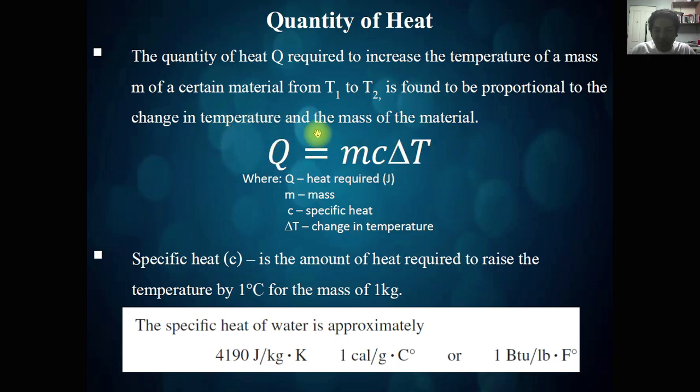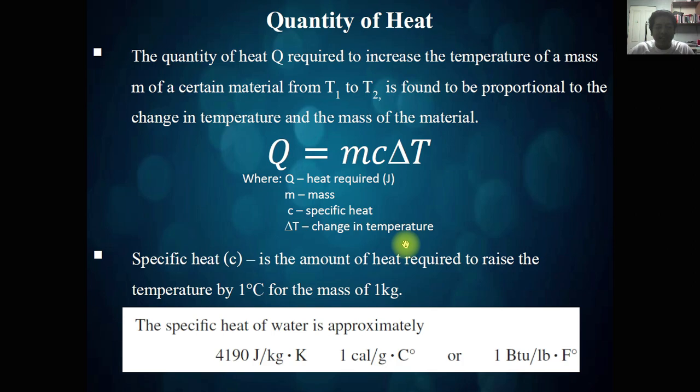So what is this Q? The uppercase Q denotes the heat required, maybe in joules, in calories, or maybe in BTU. That is equal to the mass times the c, which is the specific heat of a material, which is defined as the amount of heat required to raise the temperature by 1 degree Celsius for the mass of 1 kilogram.